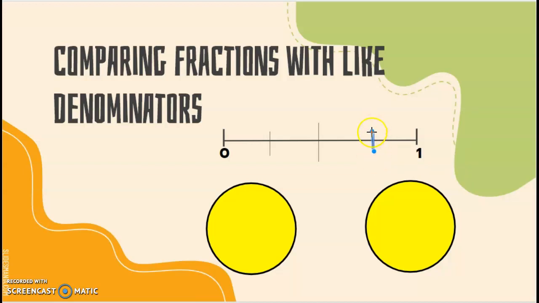I want it to be as straight as possible, so forgive me for trying to perfect it. Okay, so now I have my number line partitioned into 4 parts.